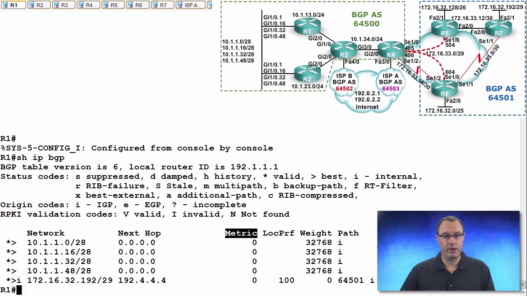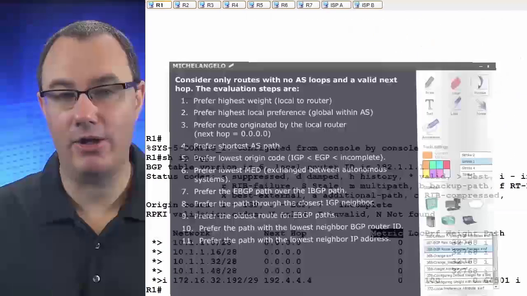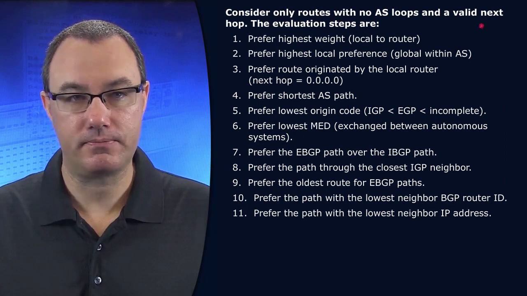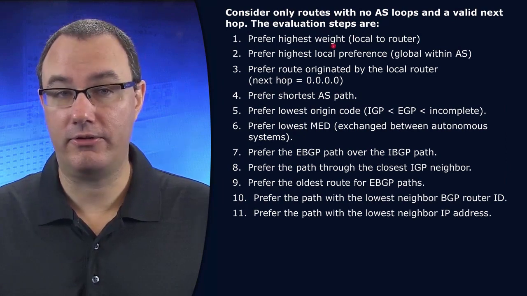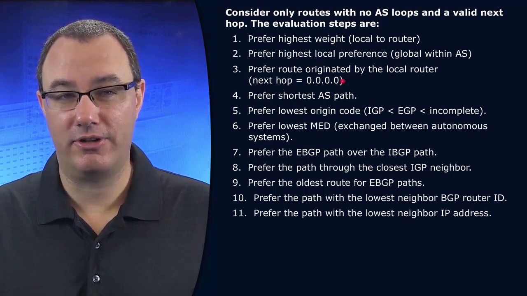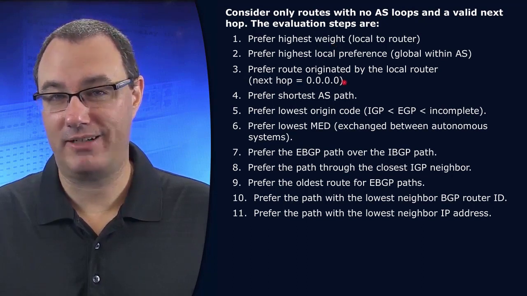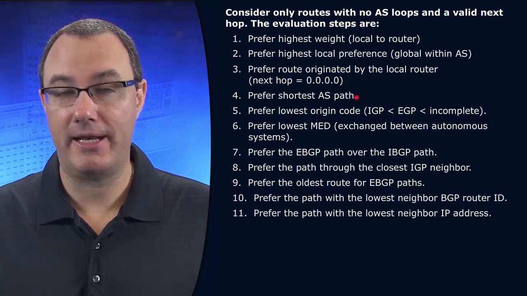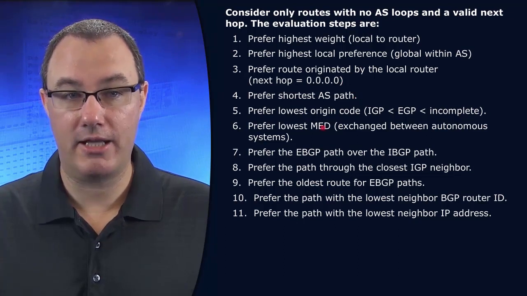So being able to say, I know how to look at the BGP table and go, I know that's weight, that's first, local preference, that's second, originated locally, that isn't super important, then AS path, then the MED.